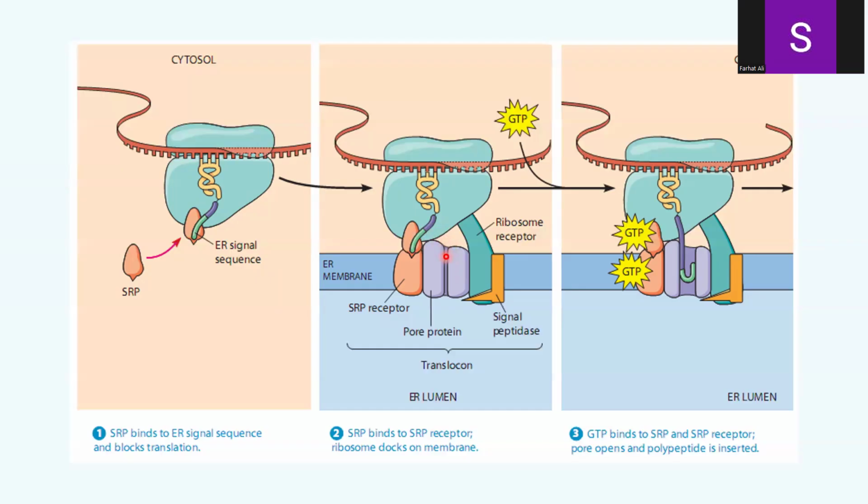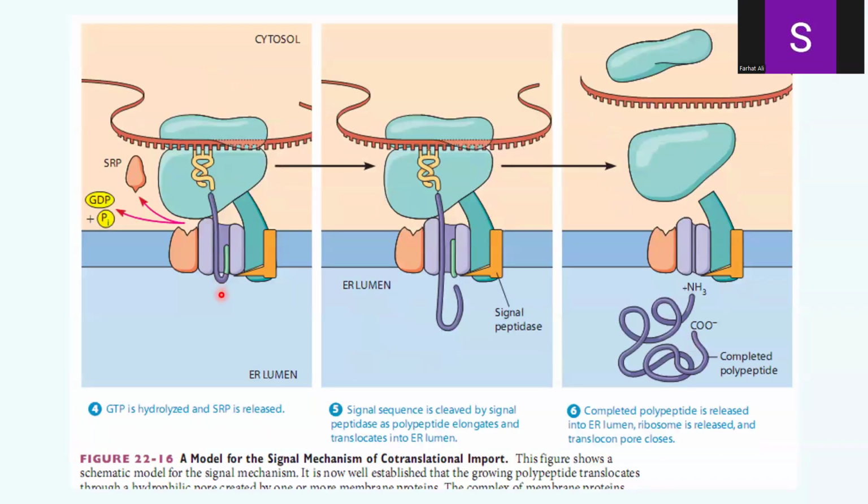So the channel will open and the protein will be attached here. The ribosome will now start translating the protein, and as it reads through the sequence of the messenger, it will produce the protein, and the protein through this channel is going to be translocated through the membrane of the ER into the lumen.